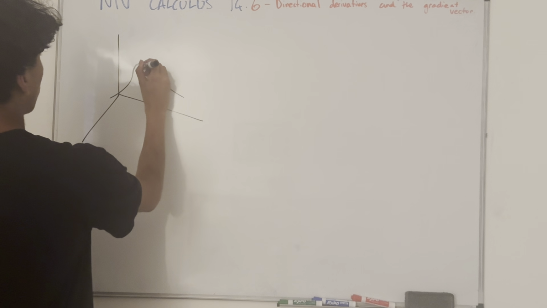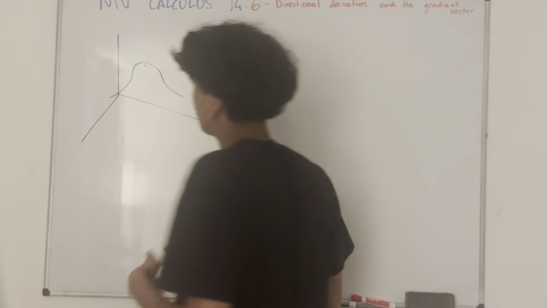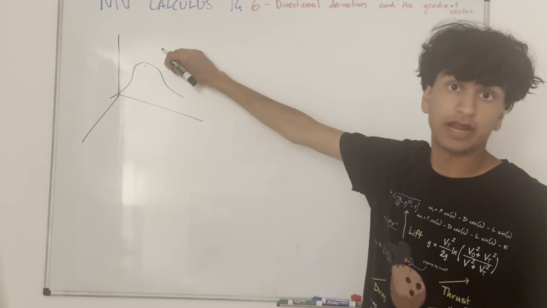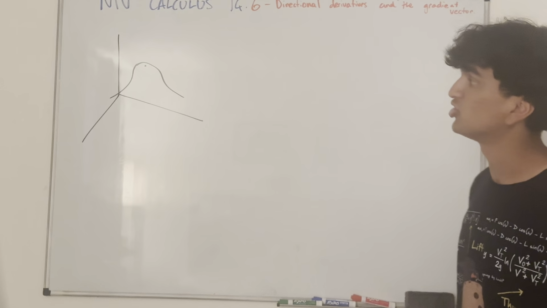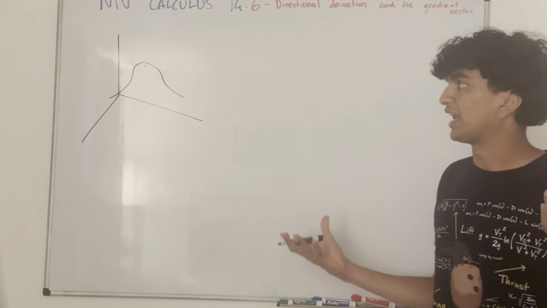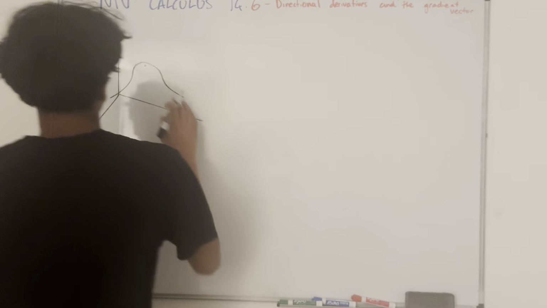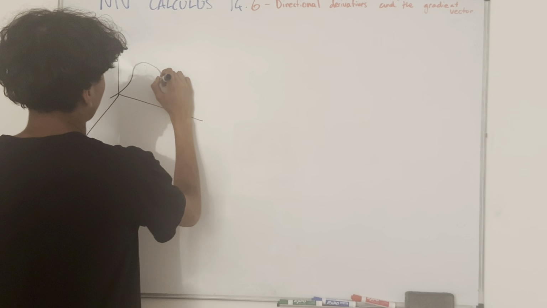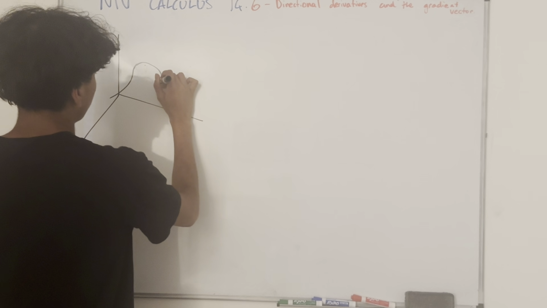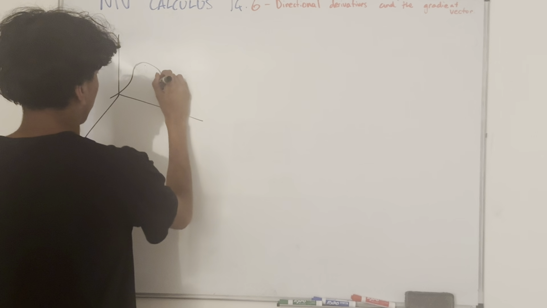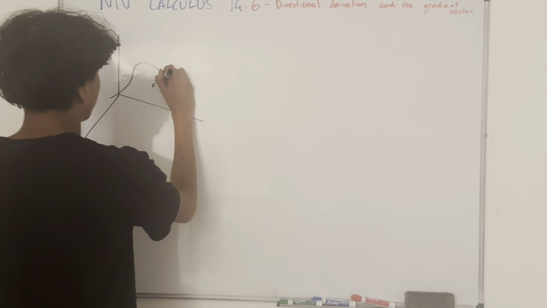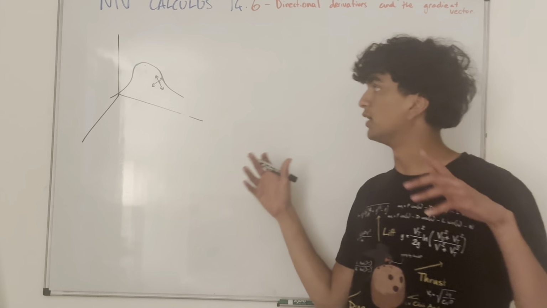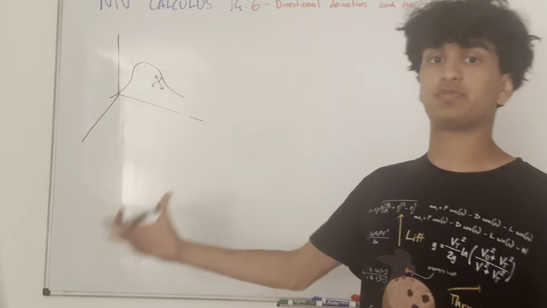The rate at which that height, that z value, changes differs. If you're at a point right here, you could go in this path or this path or this path, and the rate at which your function changes is different depending on which path you take.